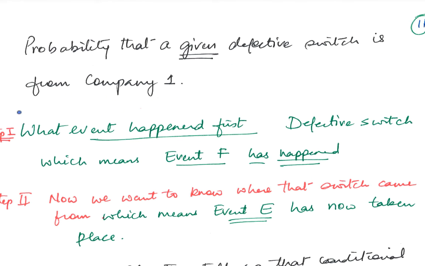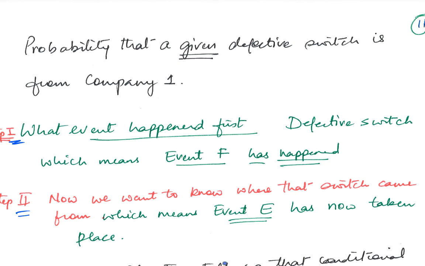Step 1: what event happened first? A defective switch. That is the first thing that has happened, that means event F has happened first. What is step 2? Now we would like to know whether the switch which was defective is coming from Company 1. That means event E has now taken place.